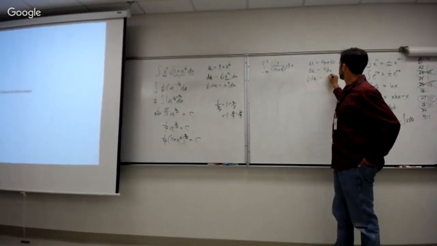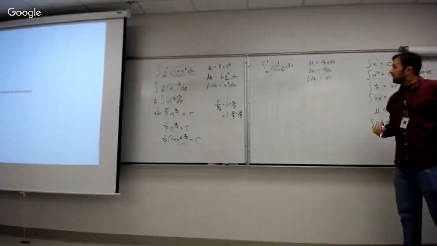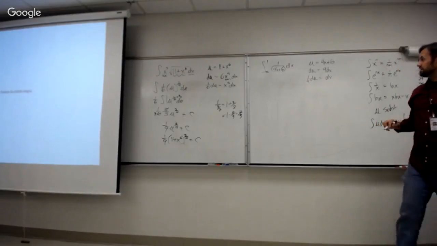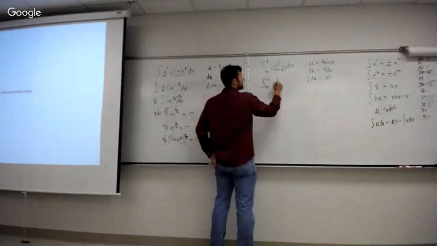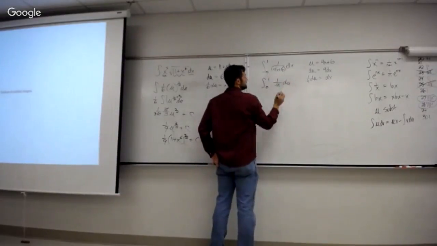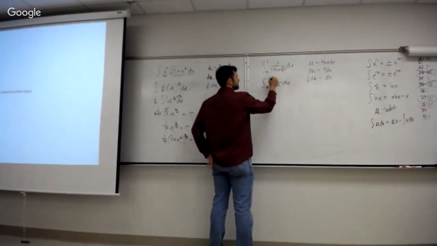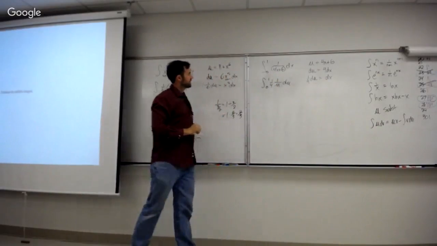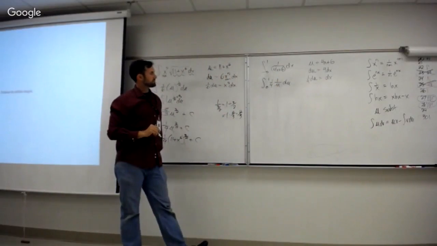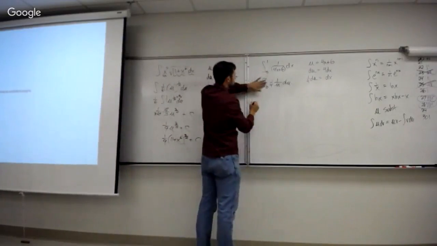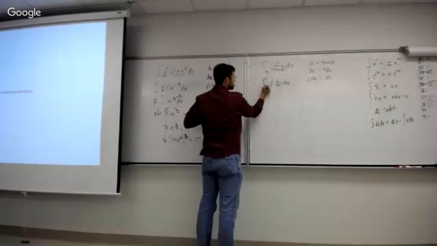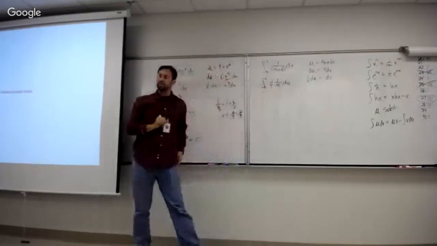That gives us a substitution. So now we're just looking at the integral from 0 to 1 of 1 over u du with a 1/4. Okay, so did that work?